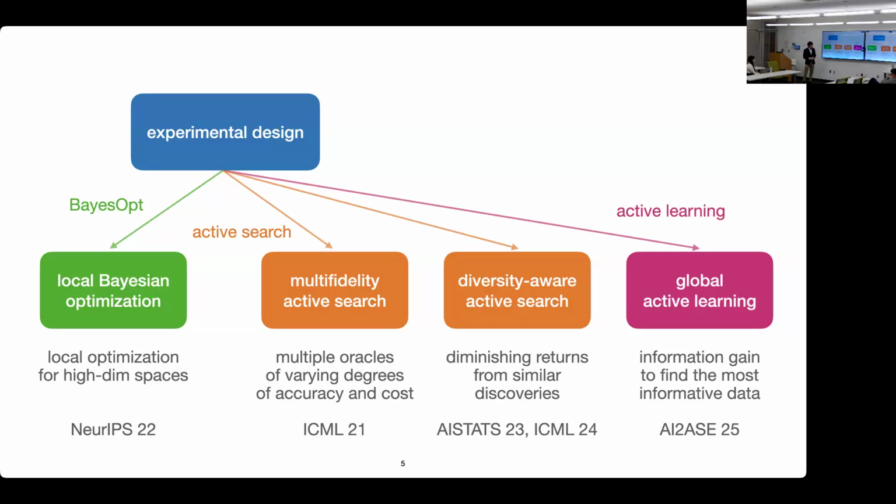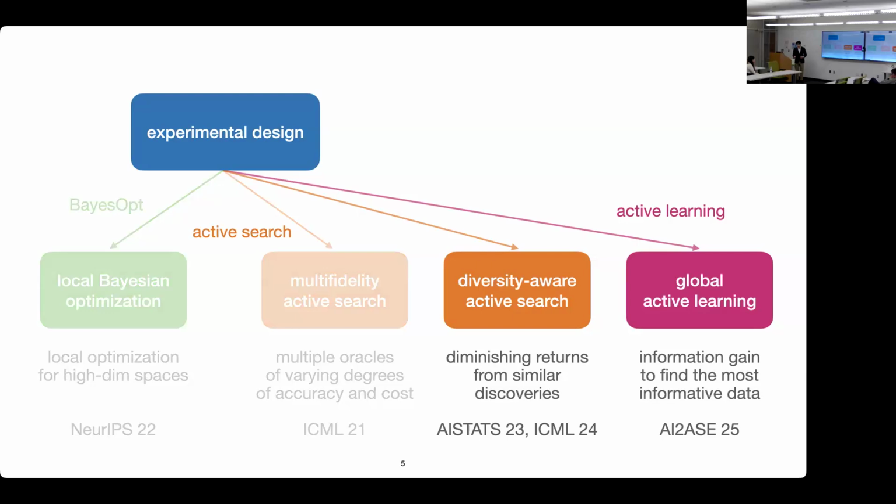This is the work that I've been doing in my postdoc, where we propose what's called a global active learning policy that allows us to reduce our uncertainty about some very high dimensional objects. So it requires a way to quantify our uncertainty in high dimensions. And in this talk, I'm excited to talk about the last two branches of this work, diversity-aware active search and active learning, and the connections between the two.